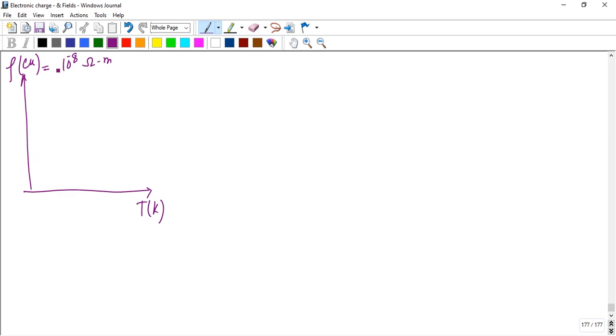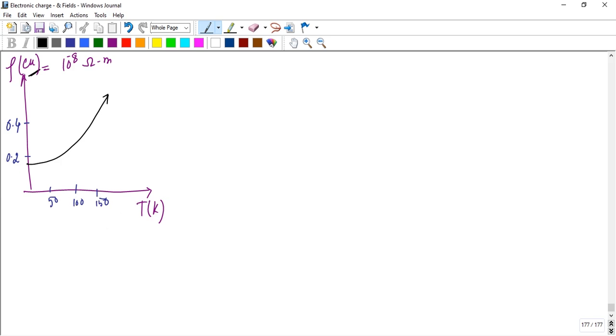If you want to plot that, suppose 50, 100, 150, that is 0.2, and here 0.4. So the temperature versus resistivity plot of copper metal actually looks like this. It is a little bit curved. The more temperature, the more resistivity. As the temperature increases, the resistivity also increases.